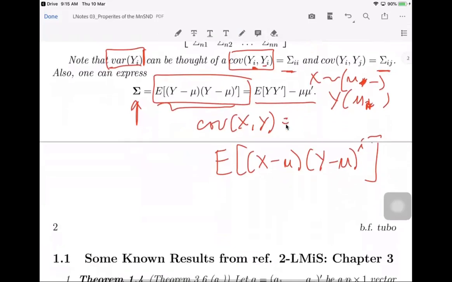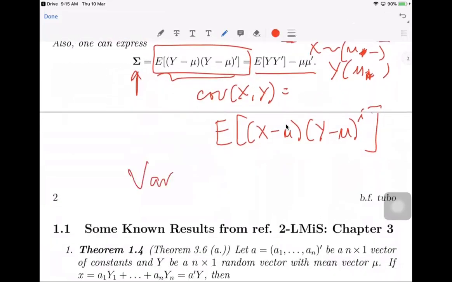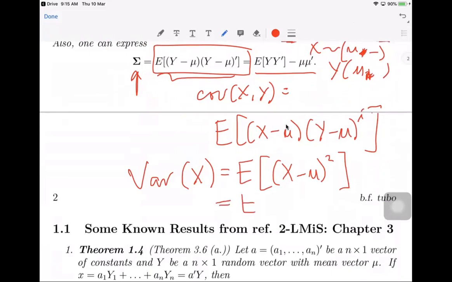In your basic probability class, you know that the variance of x is the expectation of x minus its mean squared, and it is computed as the expectation of x squared minus the expectation of x quantity squared.